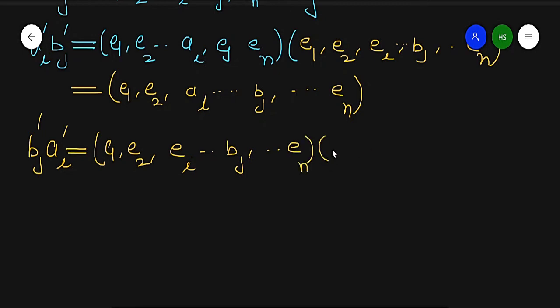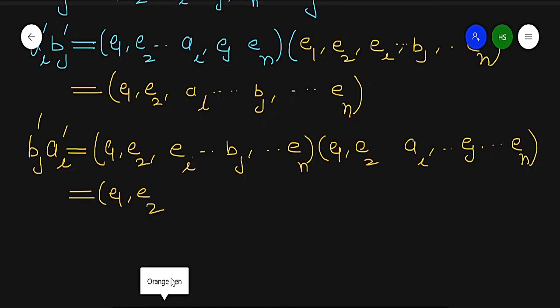Now from this it is (e1, e2, ..., ai, ..., ej, ...) and so on up to en. Now again we multiply, so we get (e1, e2), then after some term I get the ai term, then next the bj term, then the en term.